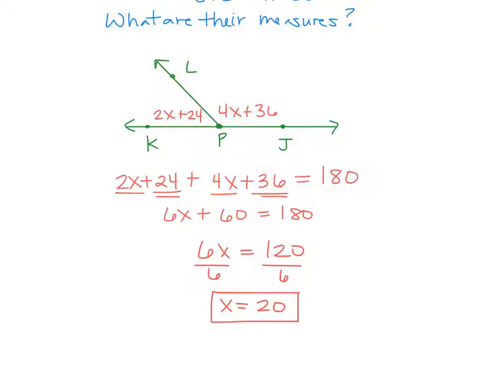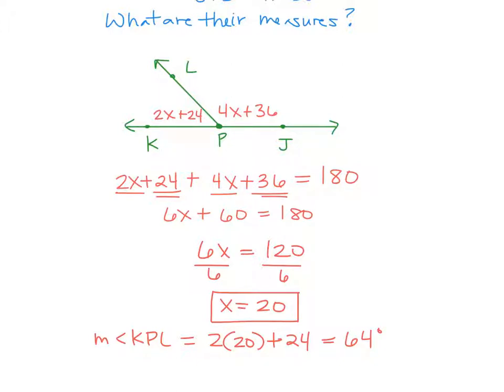Now the question was, what's the measure of each angle? So we would say the measure of angle KPL is, we take our 2x plus 24, so 2 times 20 plus 24. So that would be 40 plus 24, or 64 degrees.